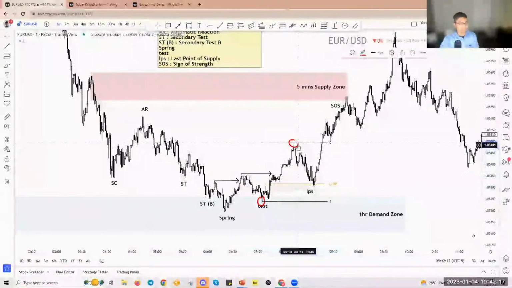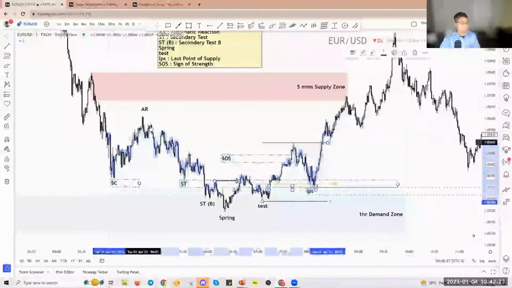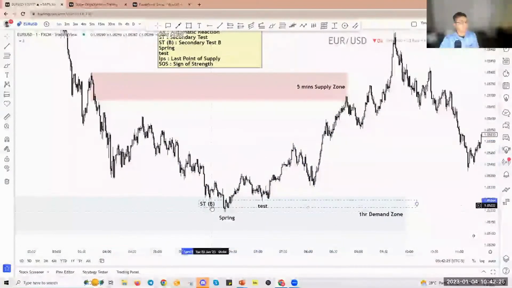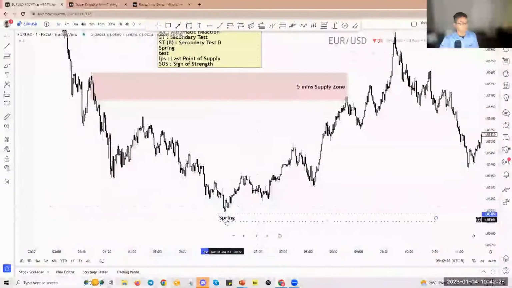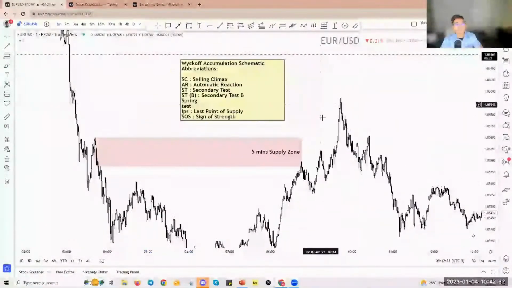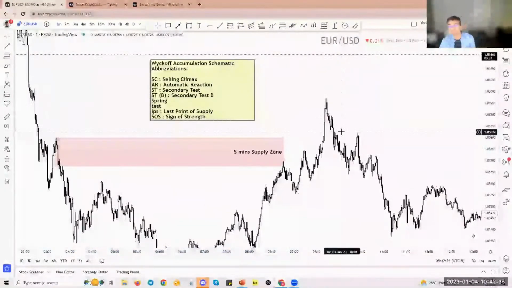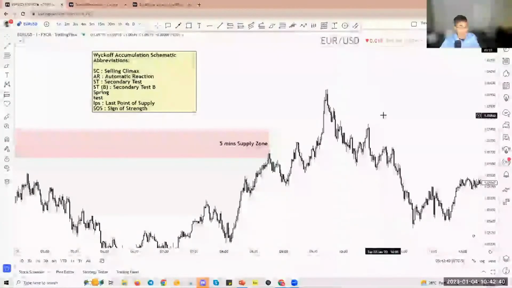So we have the Wyckoff accumulation right here that has already happened. Let me delete it out and we can continue. So with price tapping into the 5 minutes supply zone, we can safely start to look for a short. We can start to look for a sell.